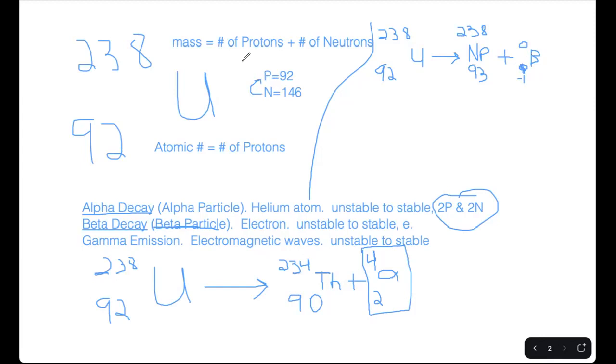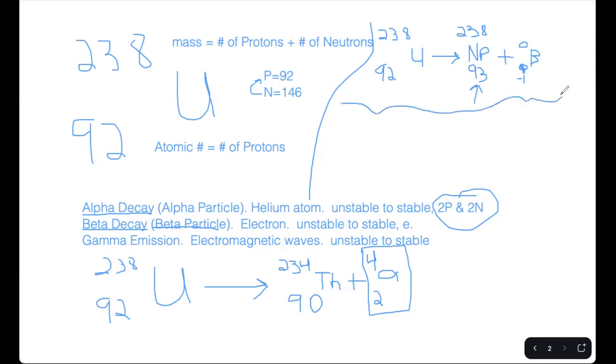Again, I have some kids that struggle with this, but that's what happens during beta decay. We have a neutron that changes into a proton. It does not affect the mass because we're just changing what one of these looks like. We're ejecting a beta particle. We can't see it here, but we're ejecting something out. Okay, that is beta decay.